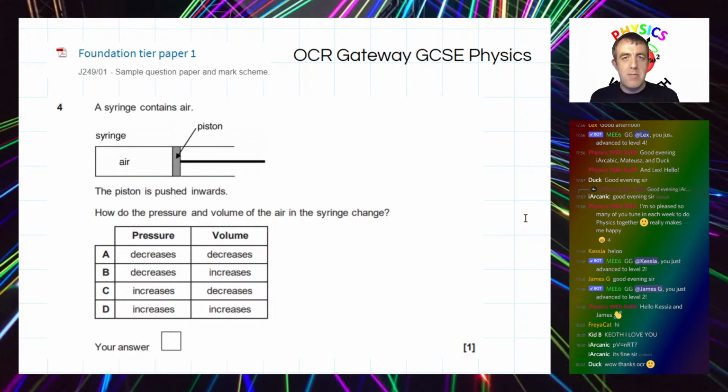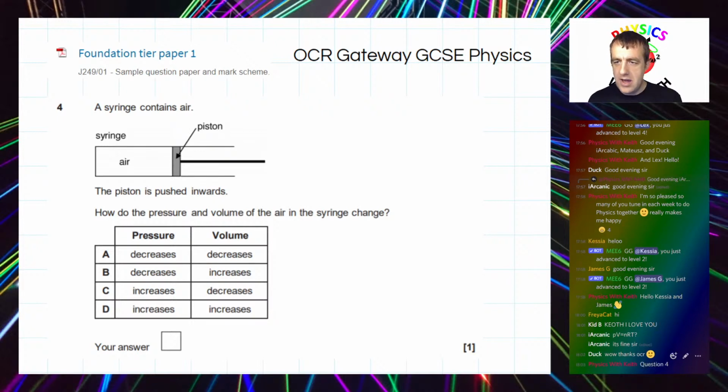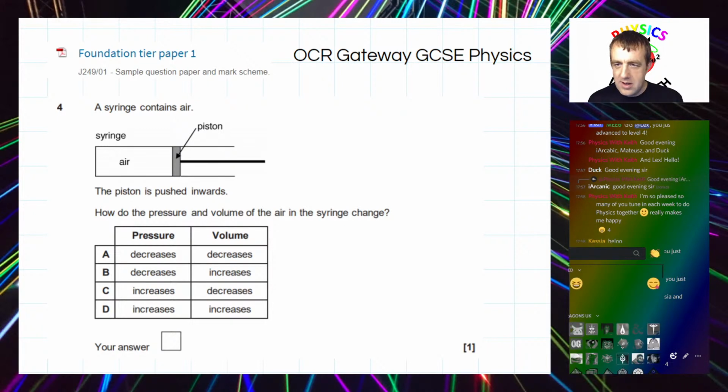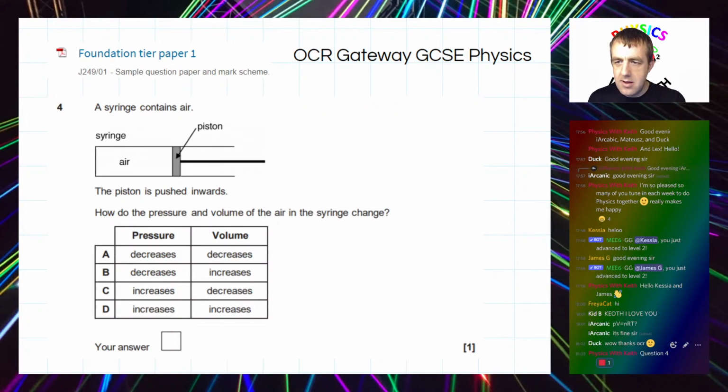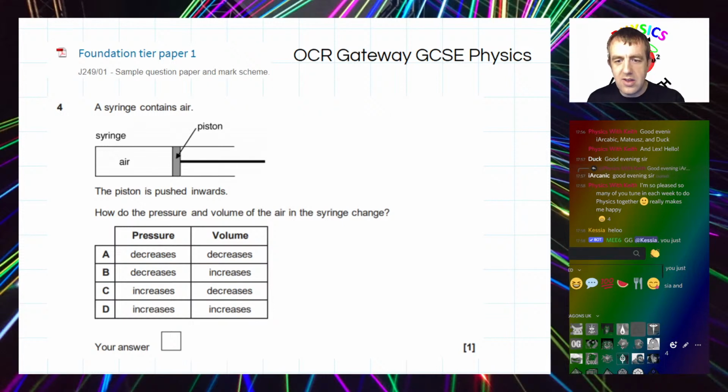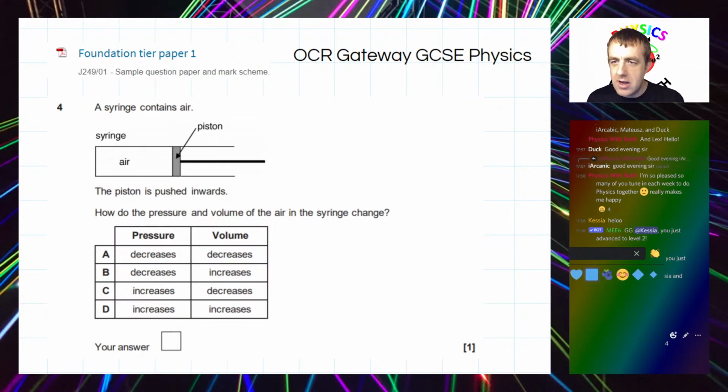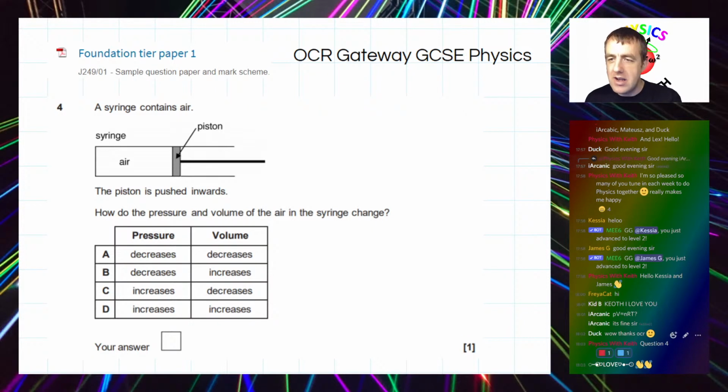Now, if you give me a few moments to type the voting thing into Discord while you're trying to work out the answer. So don't vote for anything until I say vote now. So, question 4. Don't vote for anything yet. I'm now going to fight with my inability to use technology. So let's use red to mean A. Blue to mean B. There's probably an A, B, C, or D already, isn't there?